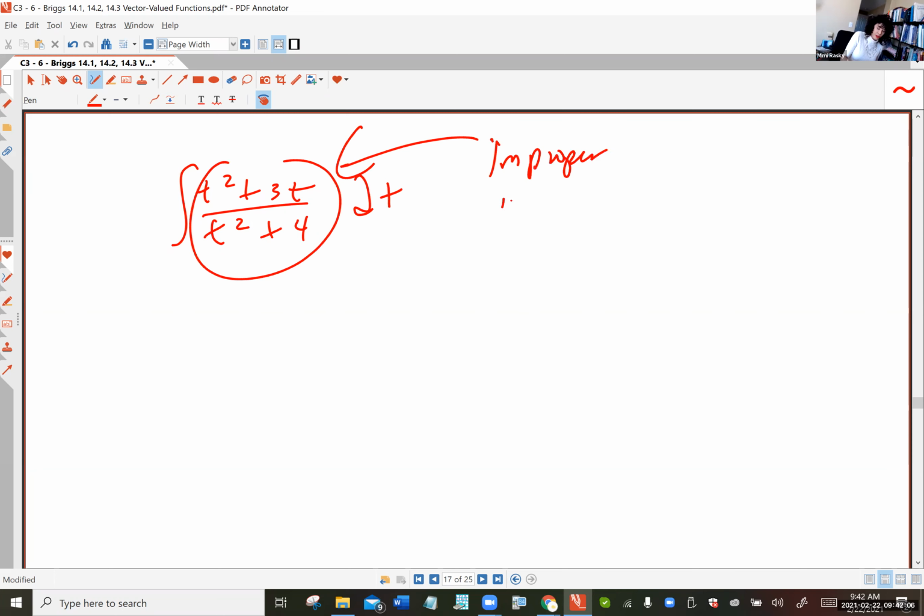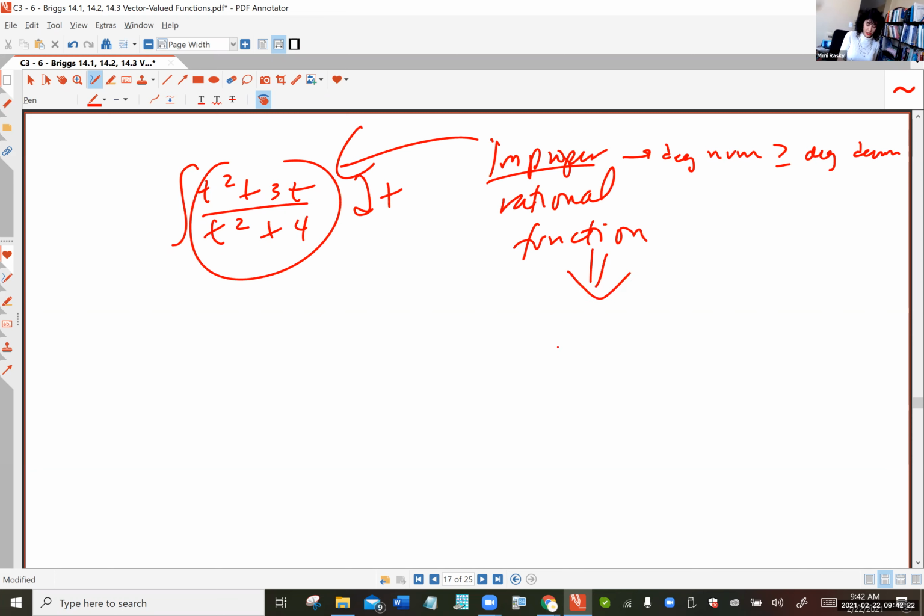It's a rational function because it's a polynomial divided by a polynomial. And it's an improper rational function because if the degree of the numerator is greater than or equal to the degree of the denominator, it's considered improper. And anytime you have an improper rational function, you've got to do polynomial long division before you can integrate. Like, don't try to integrate that.